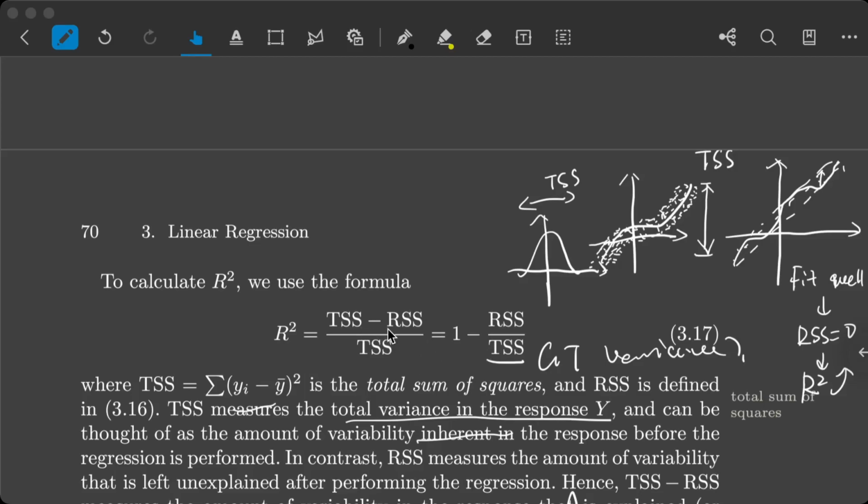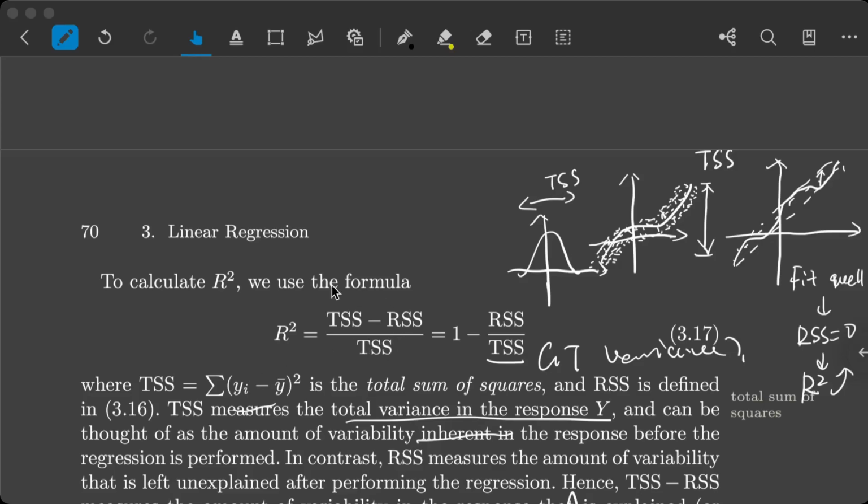And if it's very large, it means we have explained a lot. Because we have a sum, this value must be between 0 and 1. If the model is reasonable, the lower bound of the model we can get is a model which always gives the average of y as the prediction result, so the residual cannot be larger than TSS.